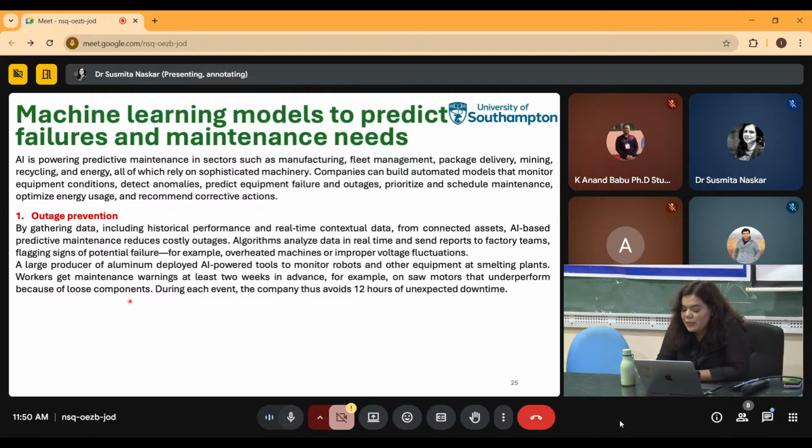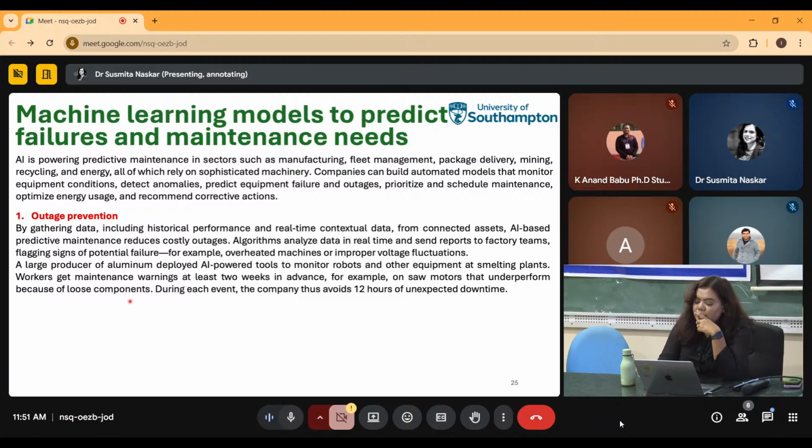For example, a major aluminium producer uses an AI tool to monitor the robots and smelting plant equipment. Now workers can receive maintenance alerts at least 2 weeks in advance to understand whether there are some kinds of issues or not.